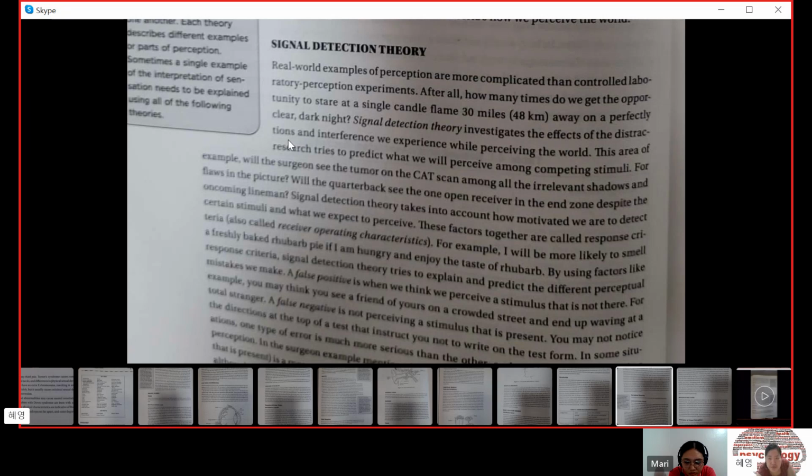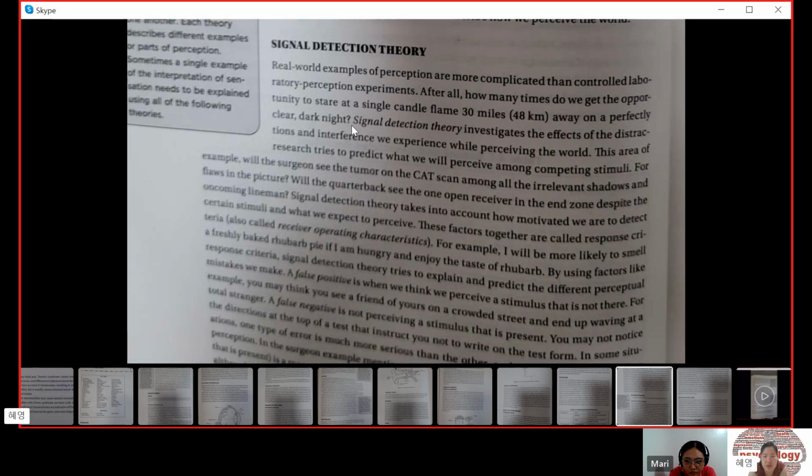After all, how many times do we get the opportunity to sit at a single candle flame 30 miles away on a perfectly clear, dark night?